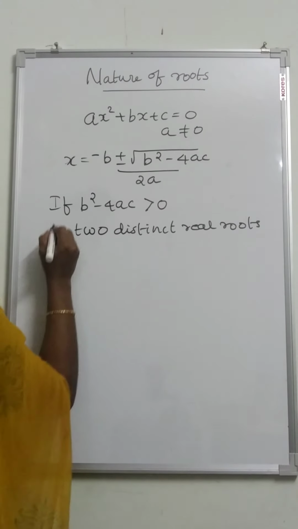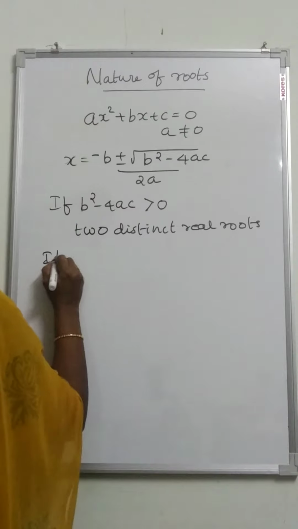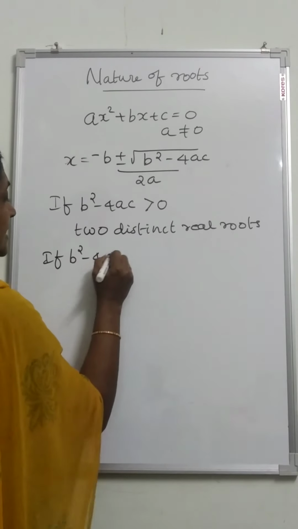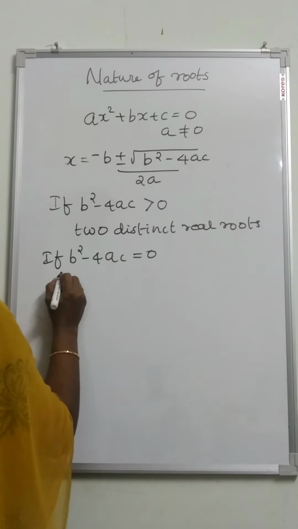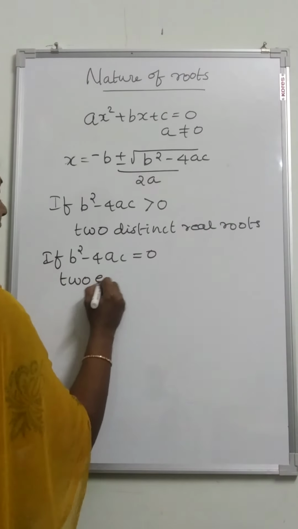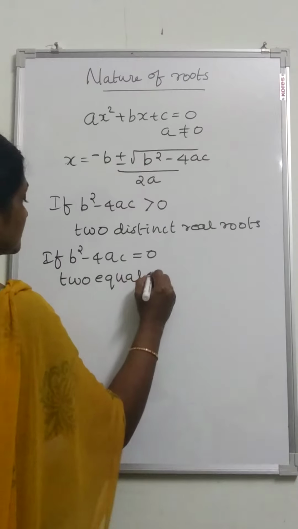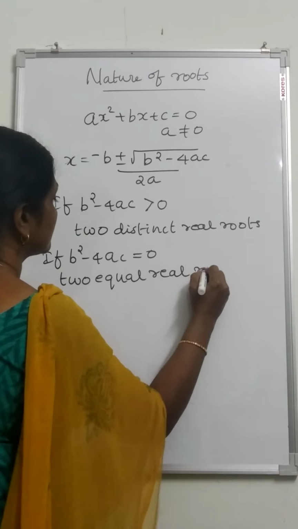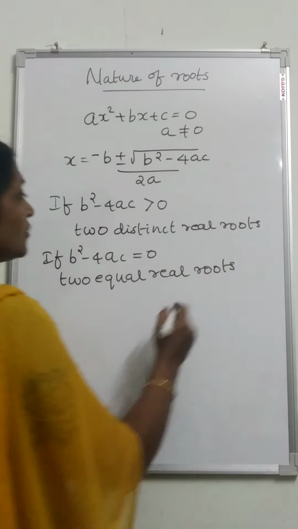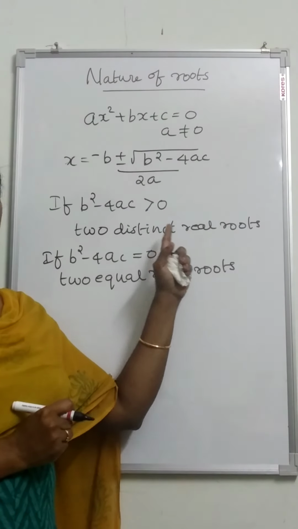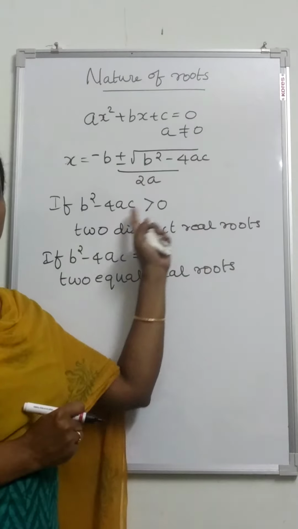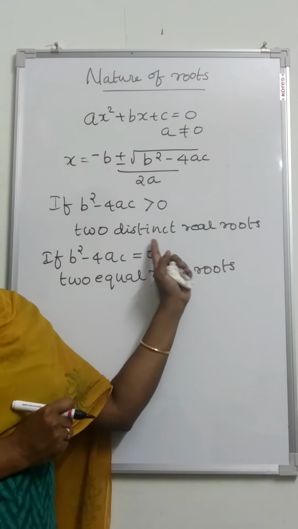Then the second condition, if b square minus 4ac equal to 0, then that equation has two equal real roots. If b square minus 4ac is greater than 0, it has two distinct, that is different, real roots.